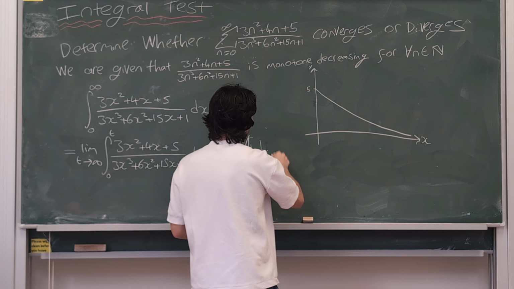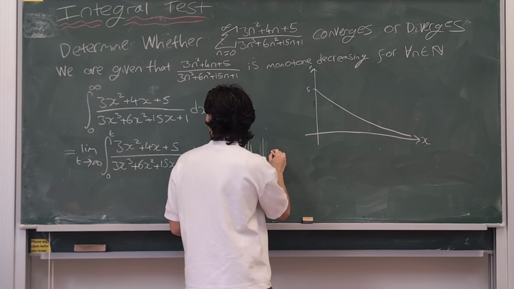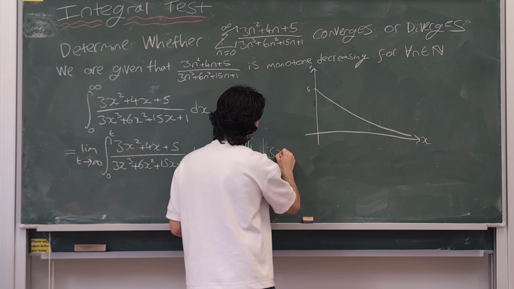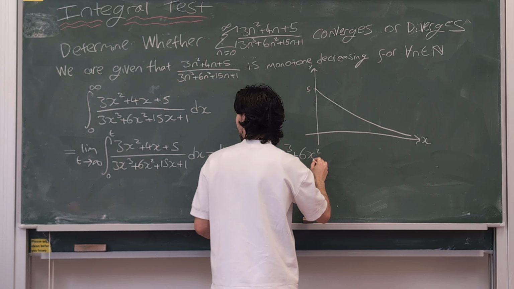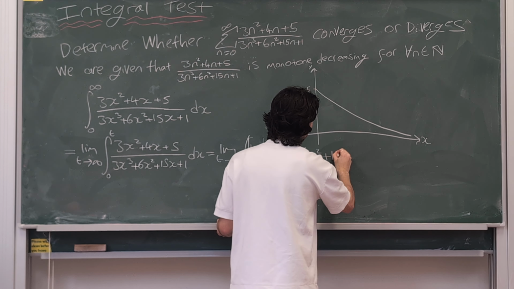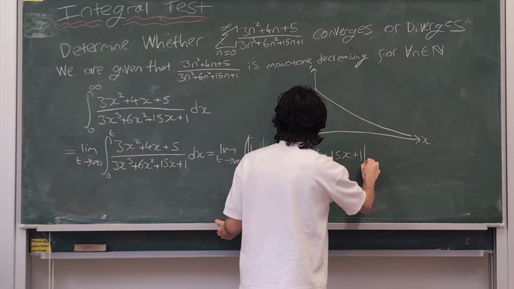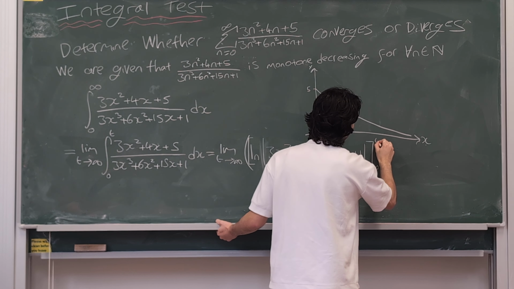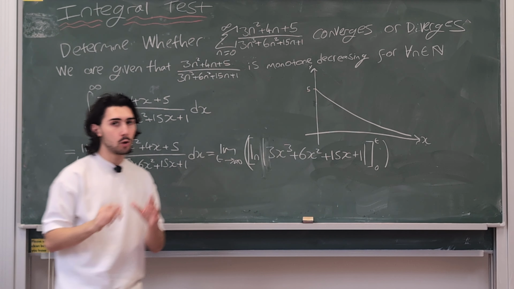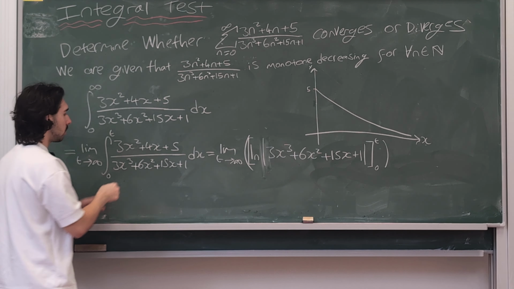We're going to have the natural log of 3x cubed plus 6x squared plus 15x plus 1, and obviously we have the limit 0 to t. Remember, guys, it's not exactly that the derivative of the denominator is the numerator.